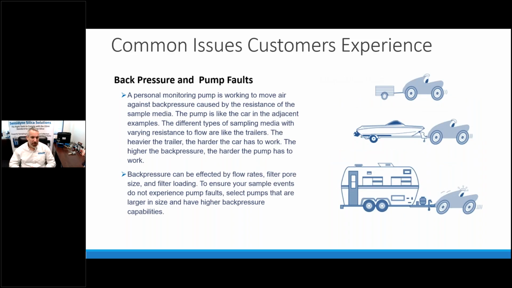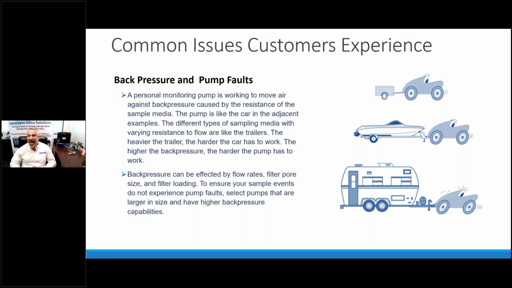Now some common issues and customer experiences. I mentioned back pressure and faults. You can see in this illustration that to maintain a constant flow rate, as the back pressure increases, the pump's motor has to work that much harder. This does two things.